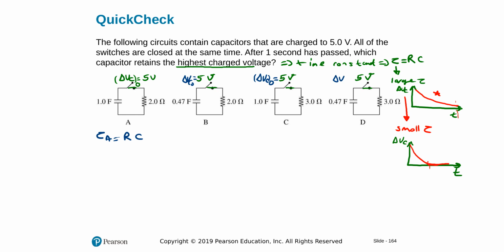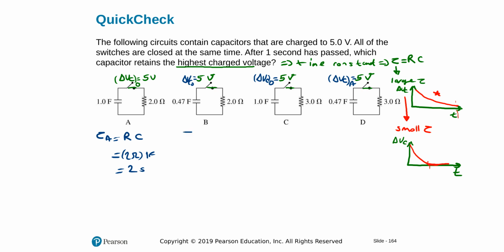And whoever has the largest decay time or largest time constant will be the one having the highest voltage, because it will decay slowly. The voltage will go to zero slower if it has a larger time constant or characteristic time. For A, what I have is 2 ohms times 2 farads, not 1. If I'm using ohms and farads, I'll have seconds. So 4 seconds is the decay time. If I draw the graph, that will be approaching zero fast.